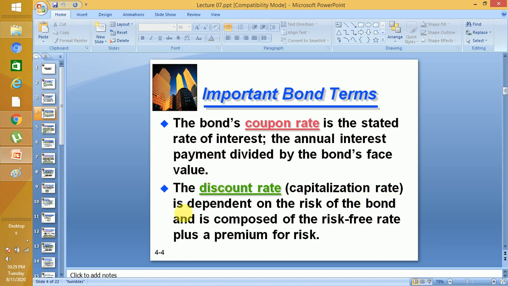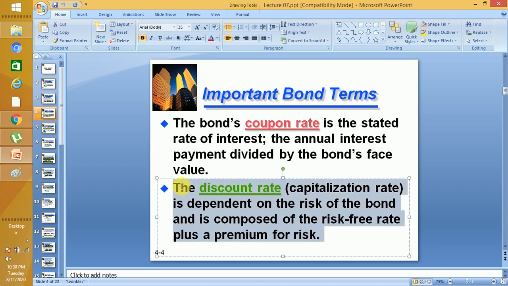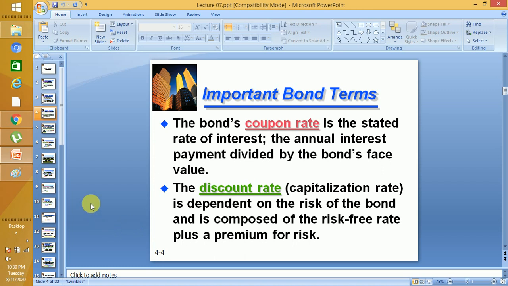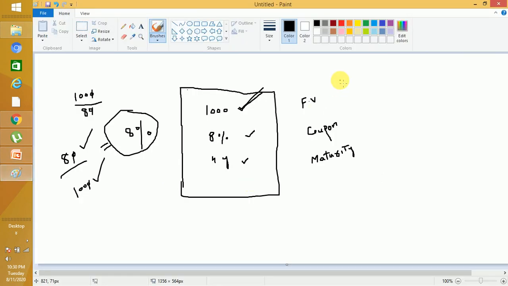The discount rate, or capitalization rate, is dependent on the risk of the bond and is composed of the risk-free rate plus a premium for risk. What is the discount rate? If you people remember, we discussed the CAPM model.